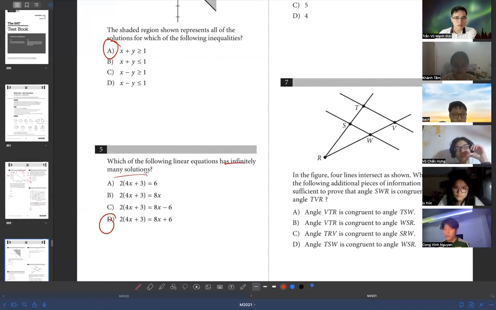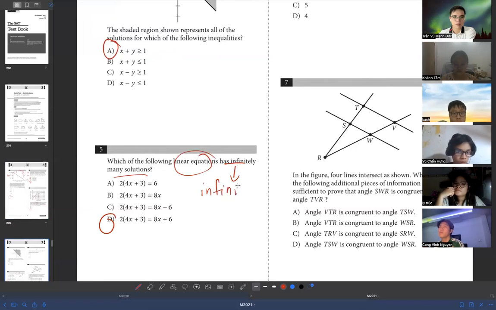Linear infinitely many solutions. Can you tell me how many cases of solutions there are in a linear equation? Firstly is infinite. One solution. And no solution. Infinite is when there are an infinite number of solutions.